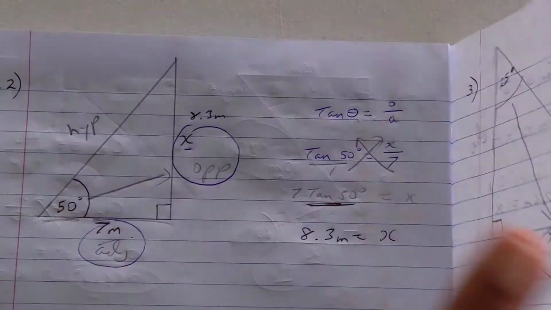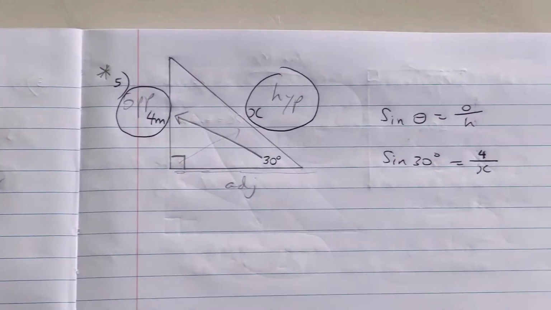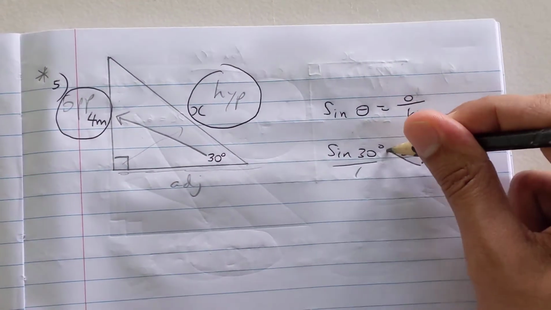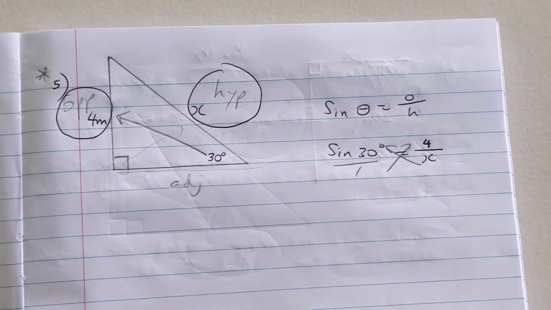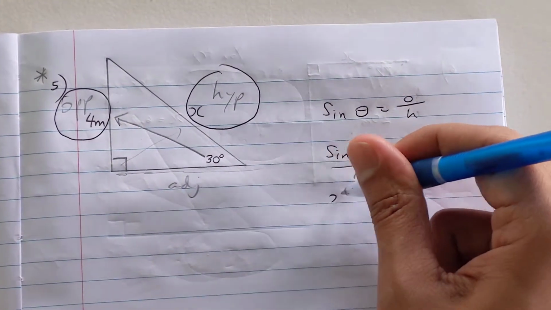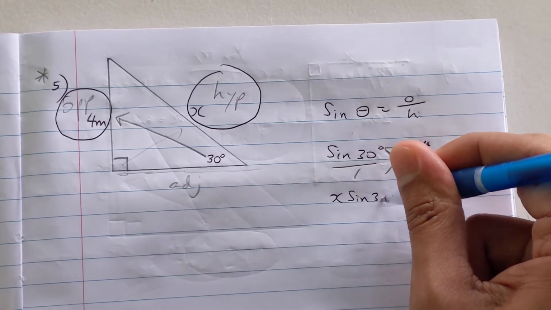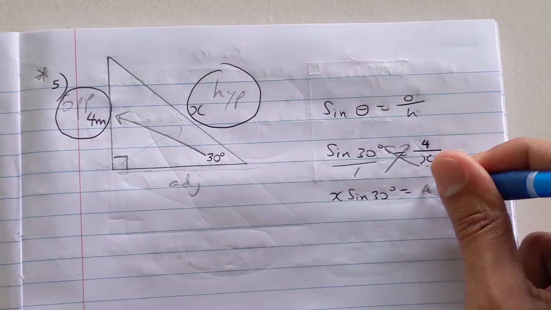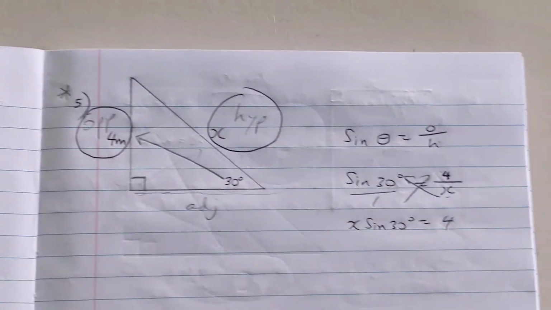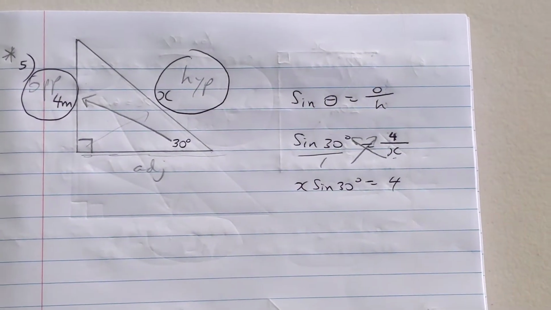I know it might look like a small difference. The only difference now is I still have to cross multiply, but I'm not going to get that nice neat answer I had before, because now I'm going to get x sine 30 equals 1 times 4, 4. The problem is I can only solve for x if x is by itself. x is not by itself, so I have an extra step of working to do.